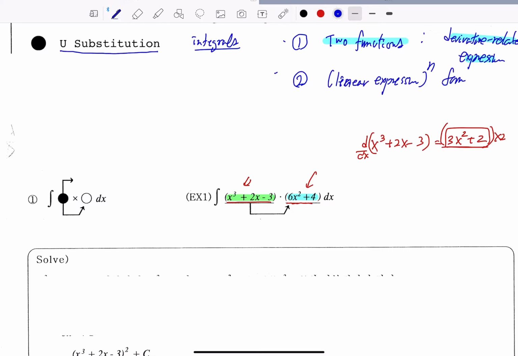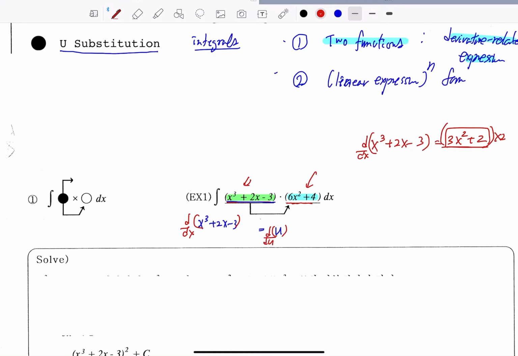For this case, we can substitute u for the original bigger function, x cubed plus 2x minus 3. And then you differentiate both sides: the left side in terms of x, and the right side in terms of u.